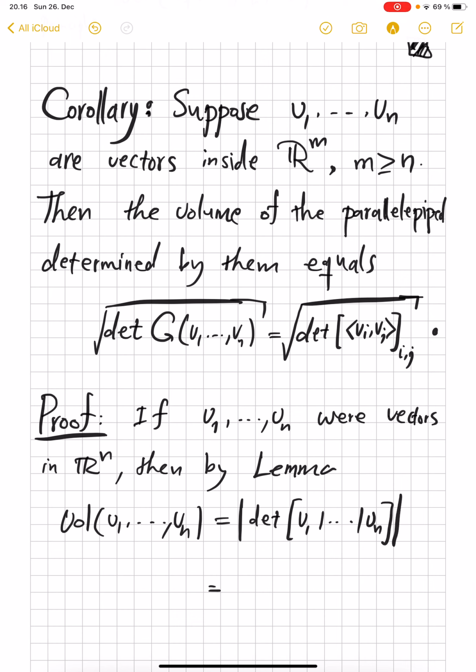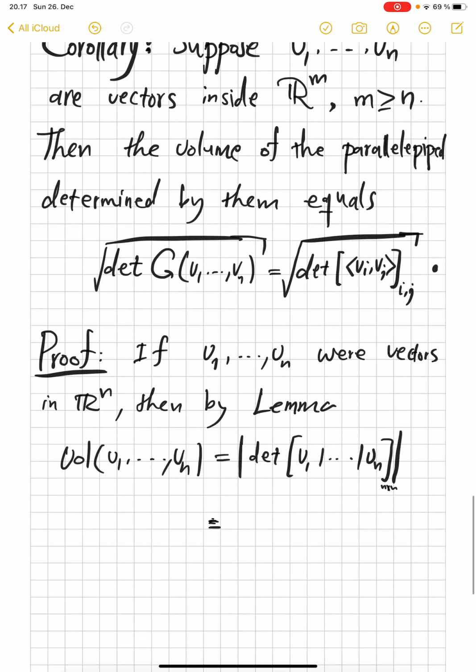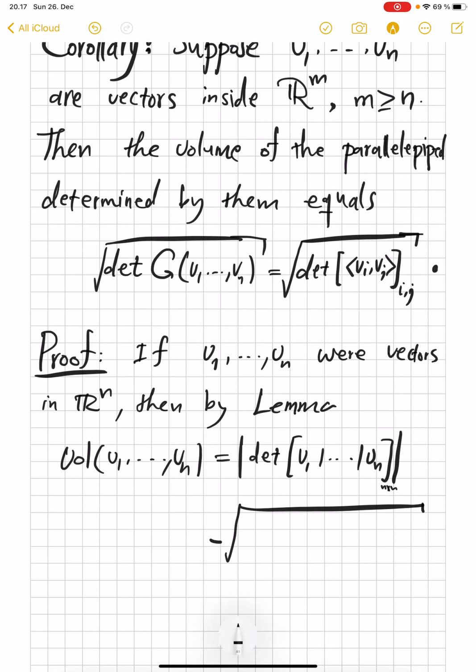But then we make the following observation. This is a square matrix, n by n. If you multiply it by its transpose, well, the determinant of the transpose of a matrix equals the determinant of the matrix itself. So if you multiply it twice and you take the root, you have the same quantity. So this would be the determinant of the transpose of this matrix, which let's call V, multiplied with itself.